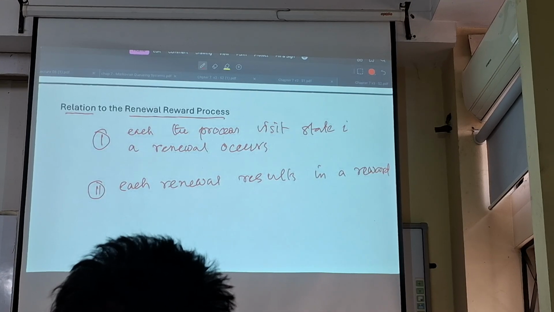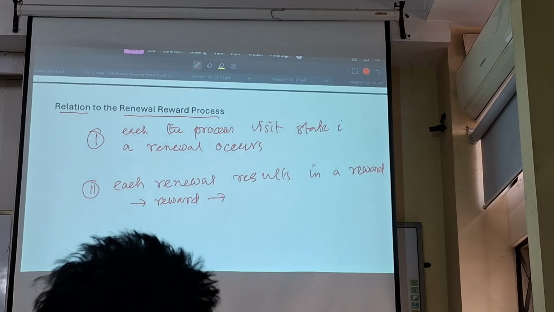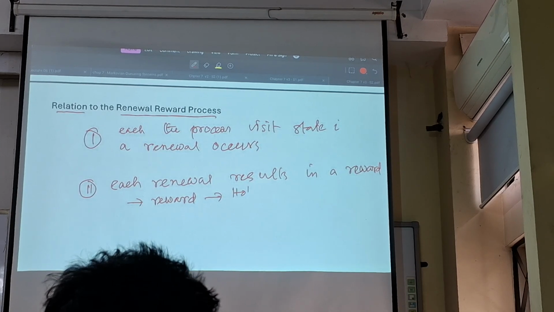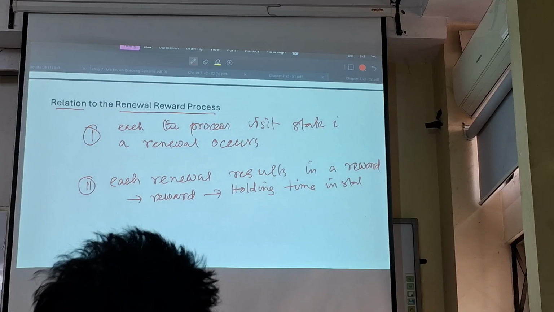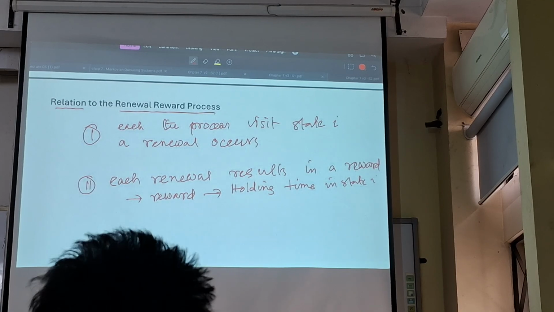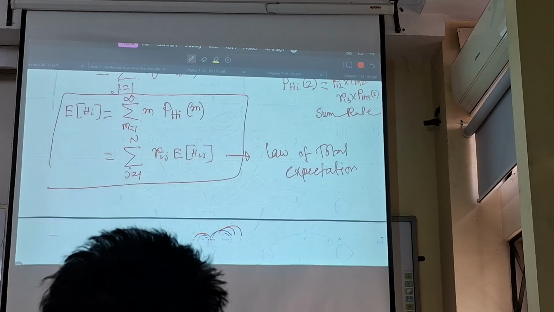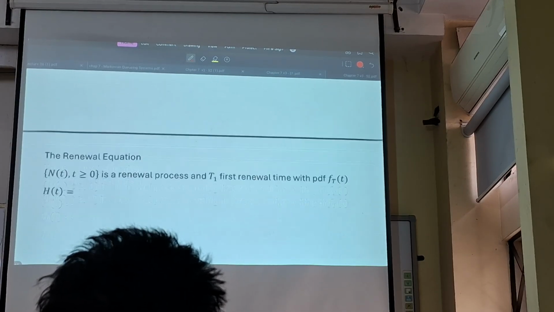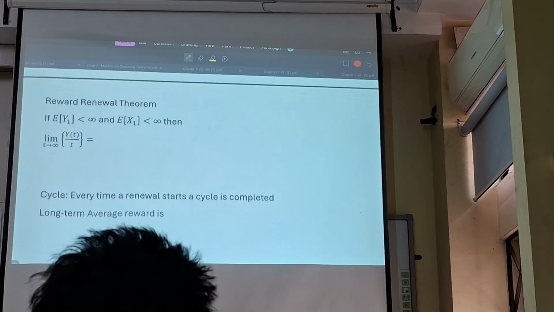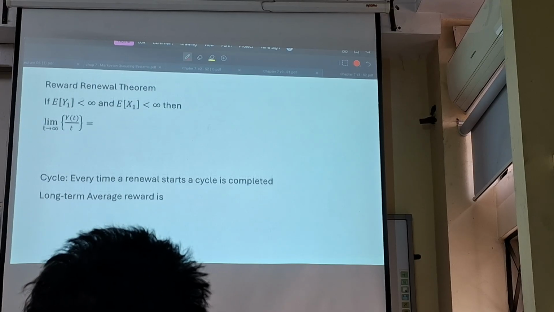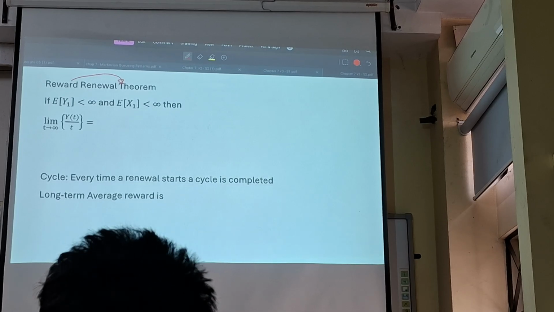For now, let us consider the reward to be the holding time in state I. Then, in the renewal reward theorem, what is the equation?